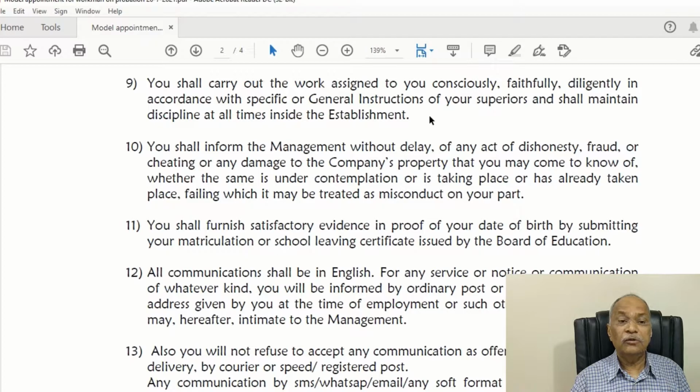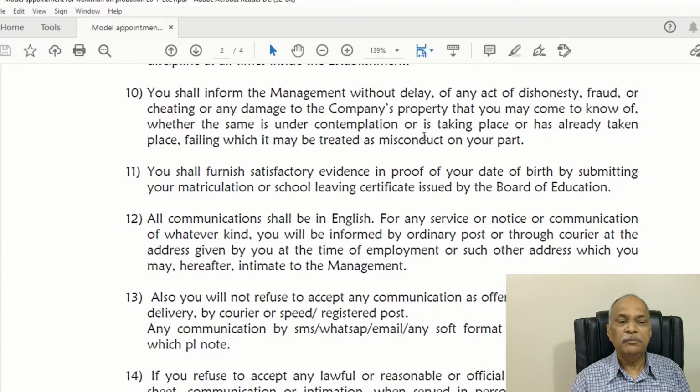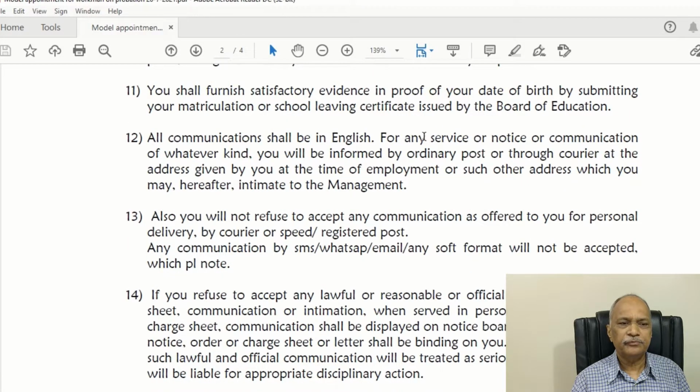You shall also inform the management immediately in case you observe any mishaps or wrong things or dishonesty, fraud like these matters, if possible with satisfactory proofs or evidence also.